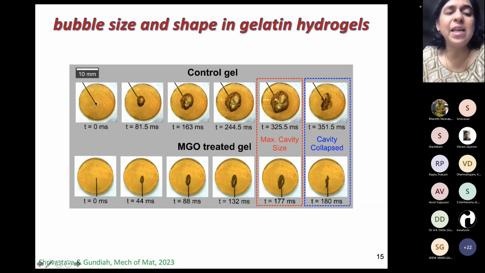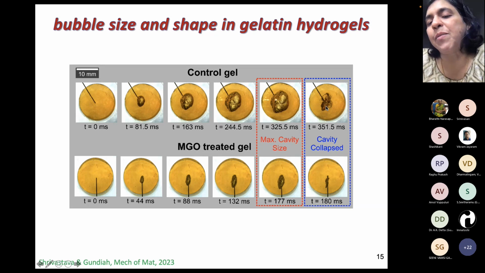The dark line is the insertion of the needle, and what you watch ahead of this is the bubble formation. You'll see that in the softer gel, we have a much rougher surface that seems to have been created, which grows. It's only a single projection image, so we're not able to tell, but it's more or less spherical expansion. And this is the maximum collapse of this cavity that you see inside.